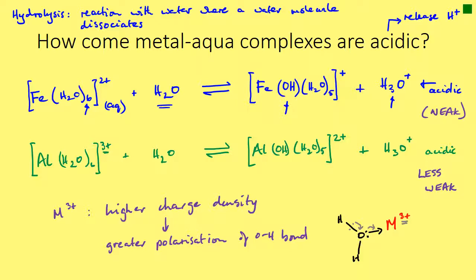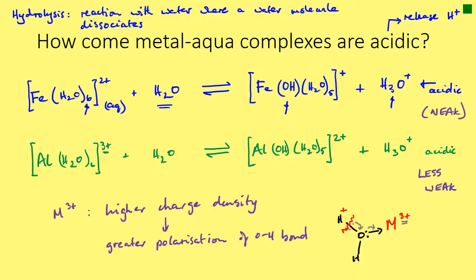So all the electrons get dragged towards the metal 3+ ion, and in which case our oxygen-hydrogen bond, this one here, gets weak and breaks. And those two electrons that were in that bond, they go with the oxygen, leaving the hydrogen as not an atom but an ion, like that.